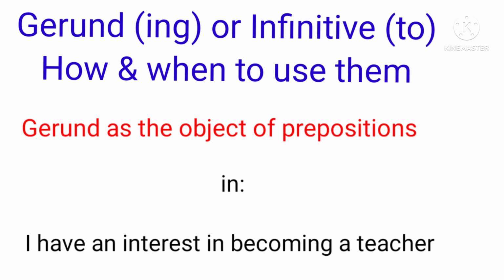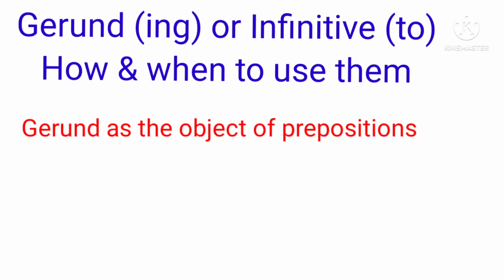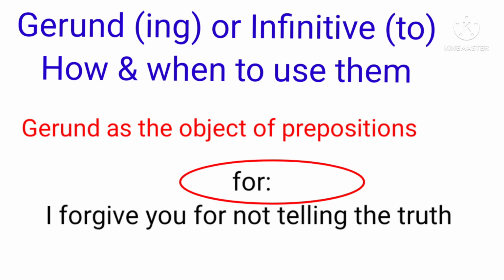So after the preposition in comes a gerund. I have interest in becoming a teacher. Okay, for is a preposition. After for, the verb is a gerund, -ing.